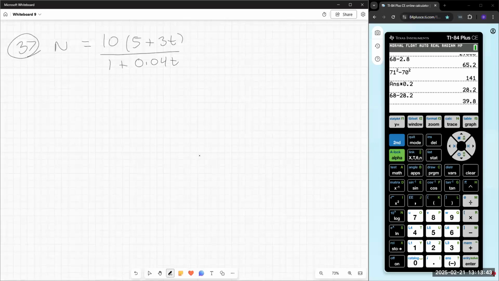They want to approximate the rate of change between years 5 and 6. So we're going to say N equals 50 plus 30t over 1 plus 0.04t.